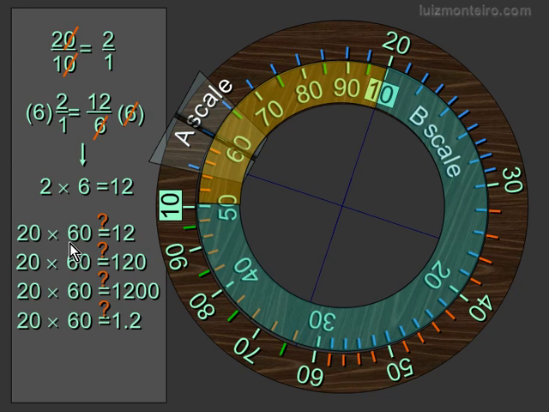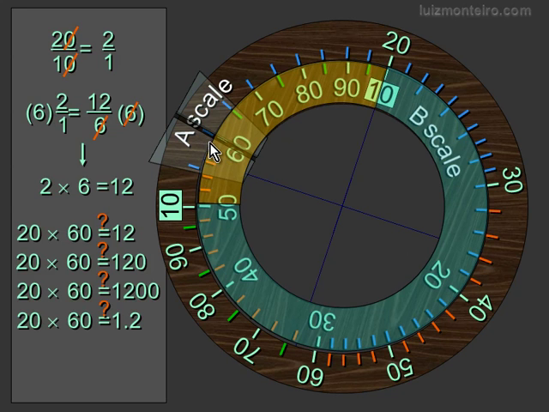For 20 times 60, we would do exactly the same thing. 20 is the multiplier. We would put it here above the 10. The 60 is the number that's being multiplied by. We would have it right here in the B scale. And the answer would be read on the A scale, which is 10, 11, 12.